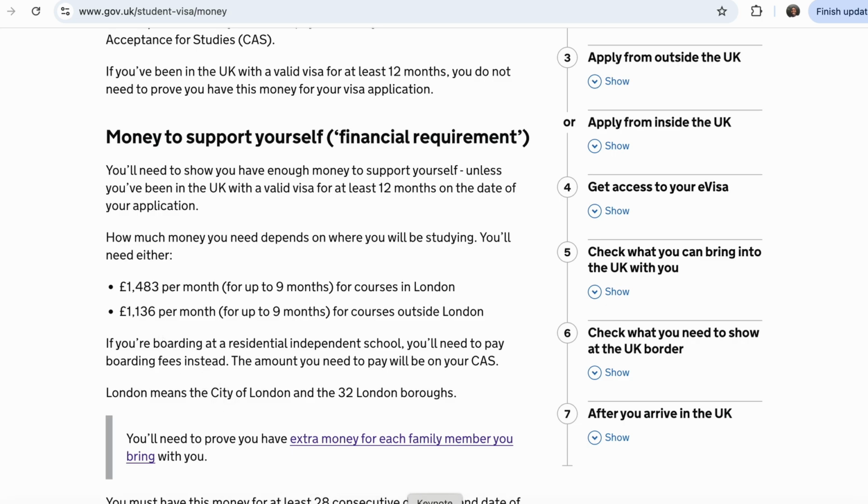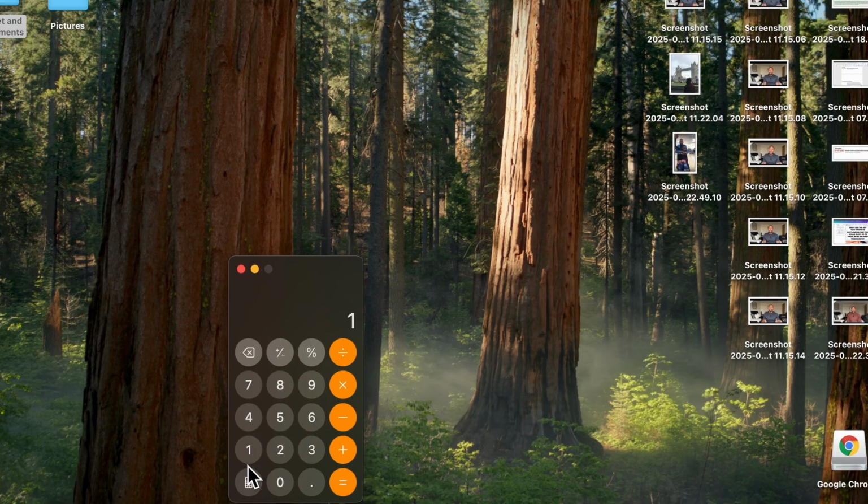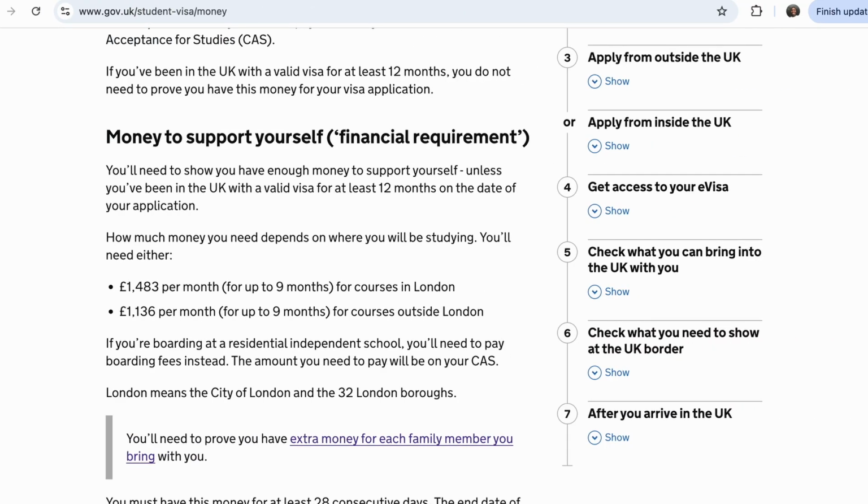So let's do simple calculations here. So that's 1136 times 9. So you need to show that you have this amount in your account. That's 10,224 pounds.